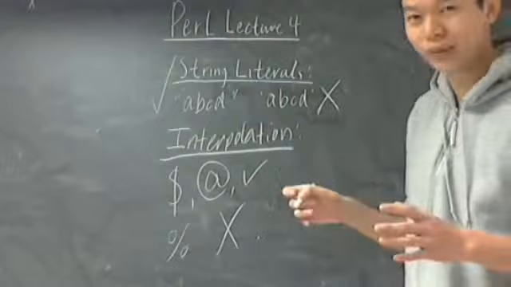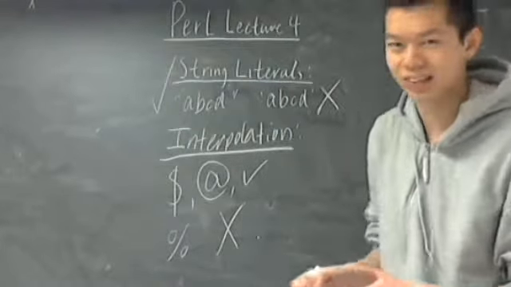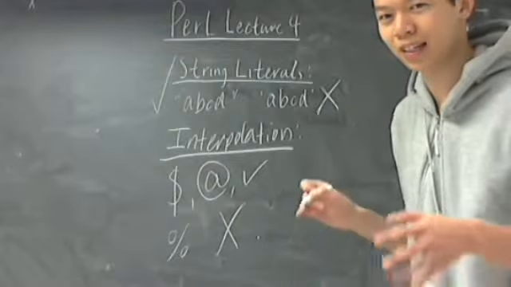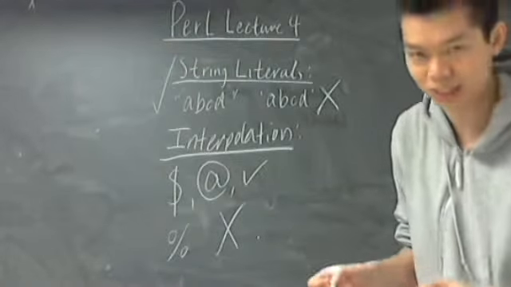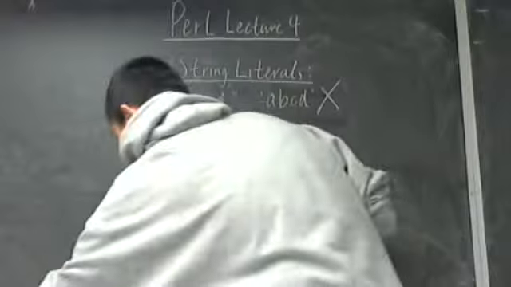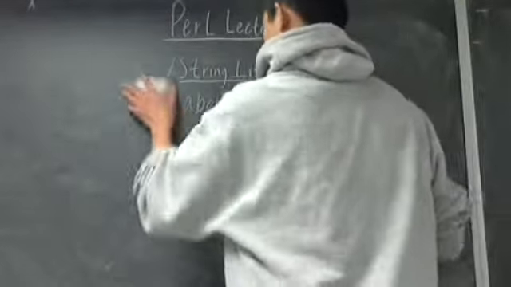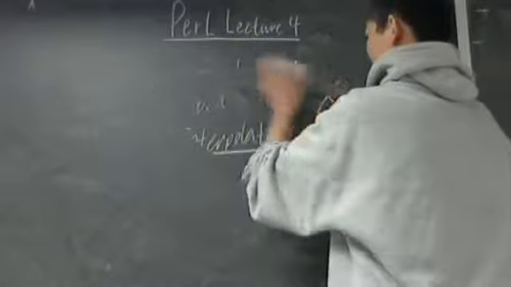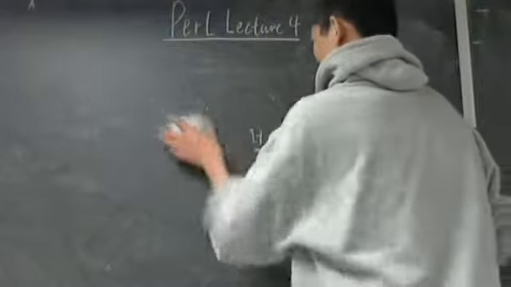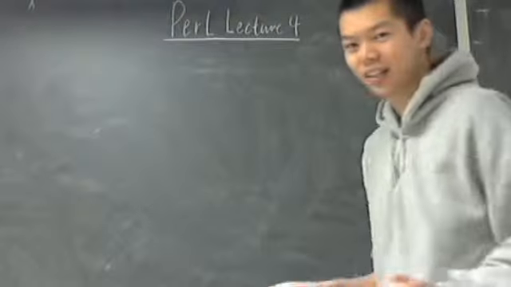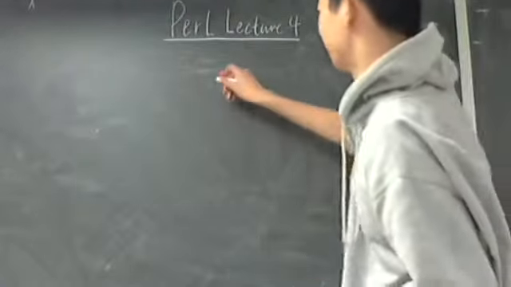Now, let me show you an example of interpolation. I just basically been throwing stuff out in the air, but I think you'll see it once you see the example. I define a scalar $x with a value of 100.